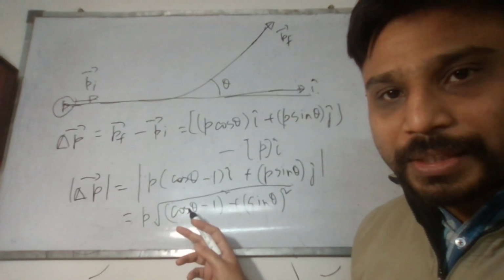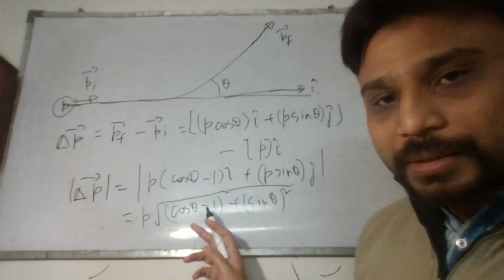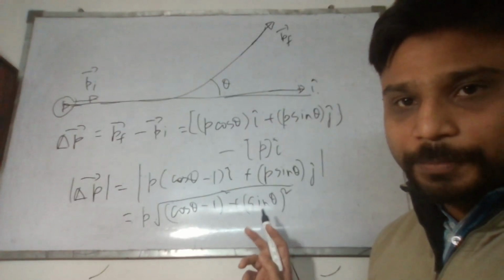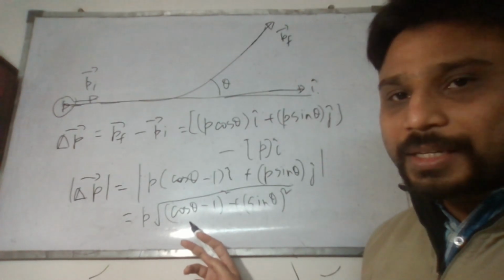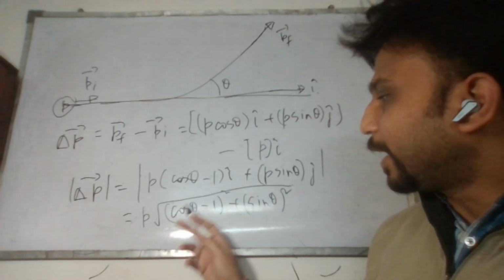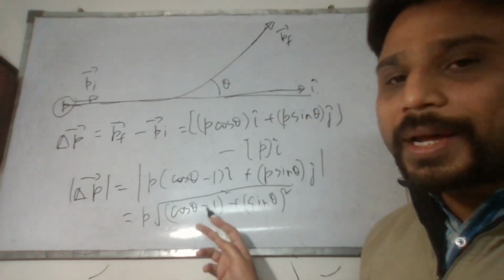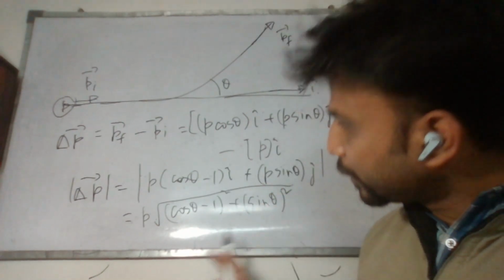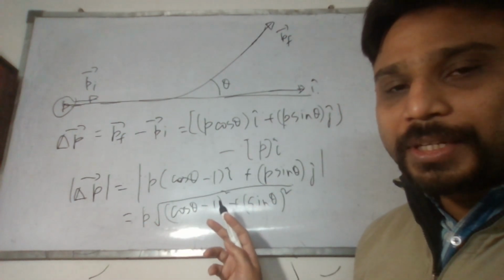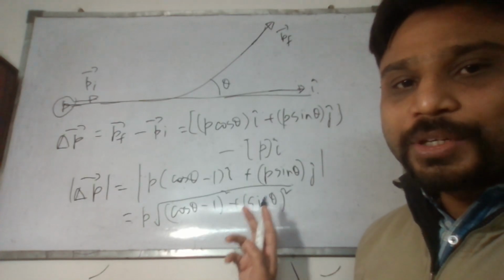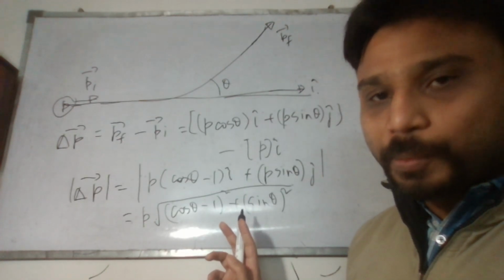Now when we open this, cos theta minus 1 whole square plus sin theta whole square, it will become cos square theta plus 1 minus 2 cos theta plus sin square theta. Sin square theta plus cos square theta is 1 only, and there was one more 1 which comes from this square, so it will be 2 minus 2 cos theta. Taking 2 outside, it remains 1 minus cos theta. 1 minus cos theta we can write as 2 sin square theta by 2.